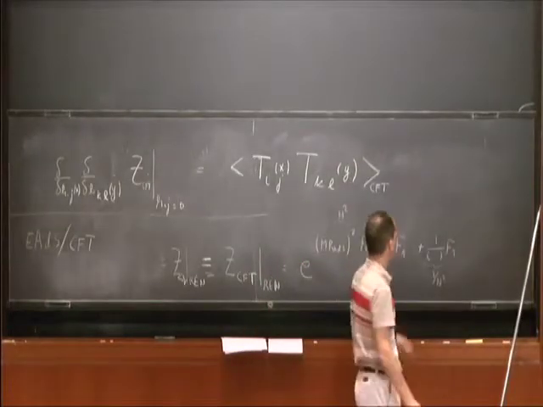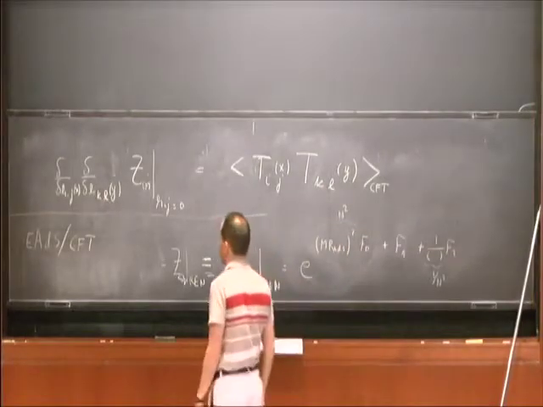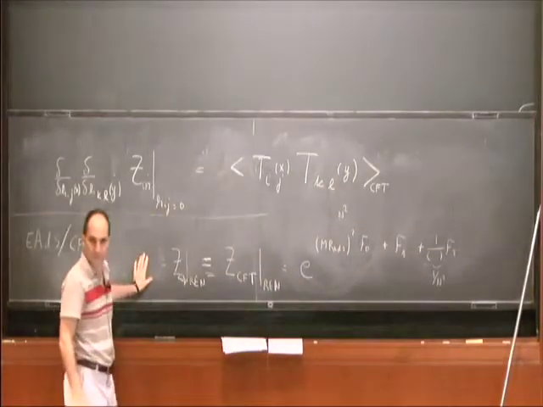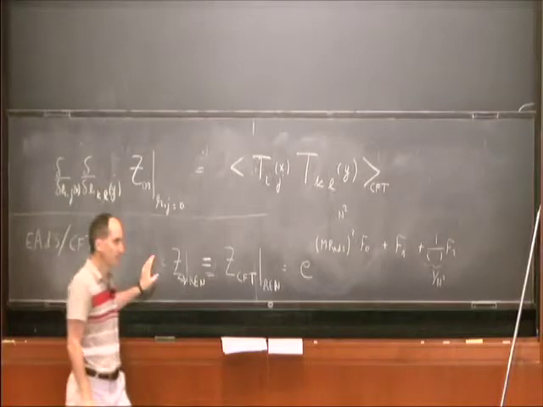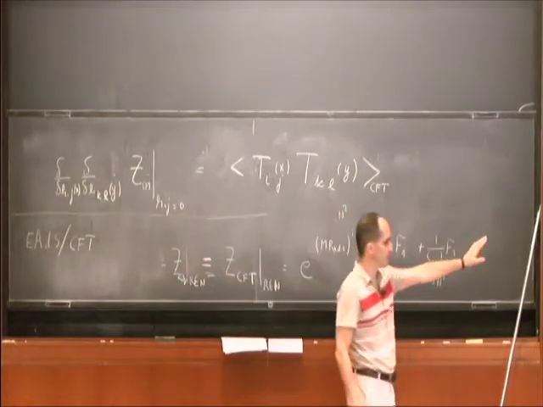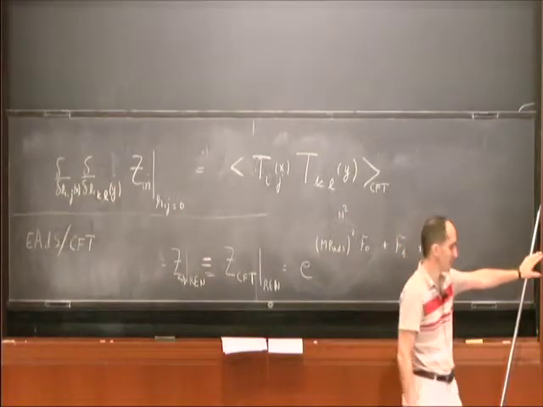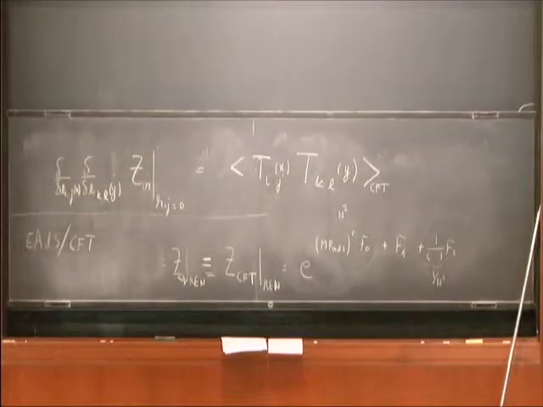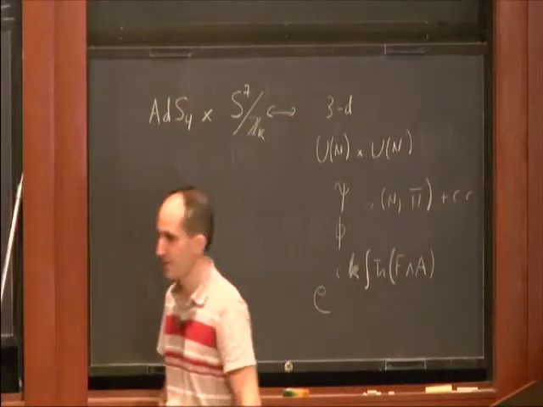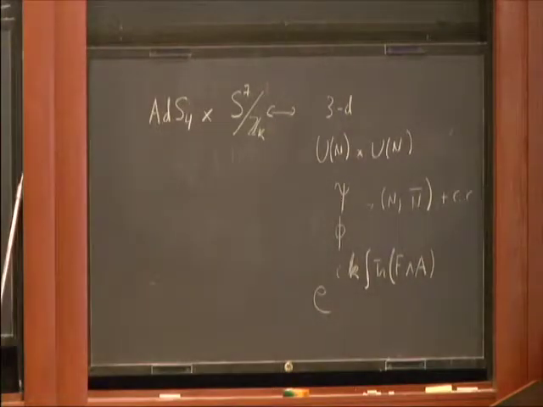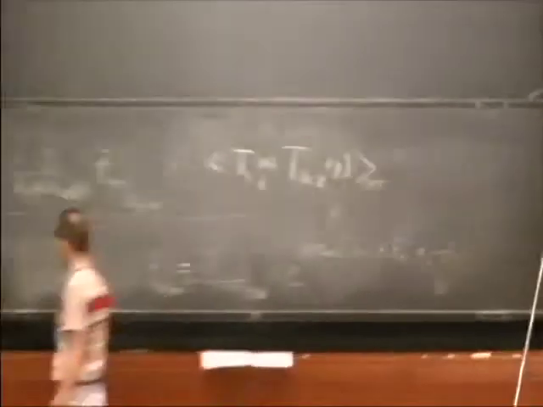An important point is that whenever the gravity calculation is weakly coupled so that we can trust the gravity approximation, the field theory will be strongly coupled. So it will be difficult to do calculations in field theory because the coupling will be large. We saw that here, that at k equal to 1, that was a strongly coupled field theory, for example. So that's a general feature.